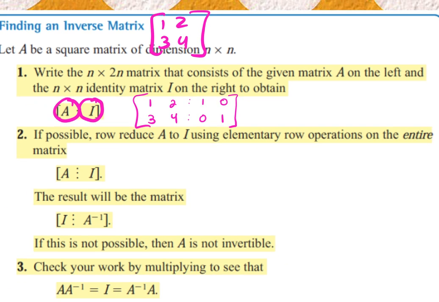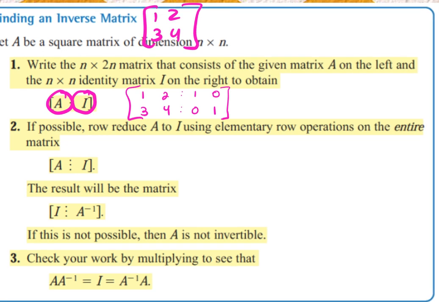Now you're going to use elementary row operations on the entire matrix to get the left side to have the pattern of the right side. So our goal is to either switch rows, add rows, or multiply and add rows, like we did with Gauss-Jordan and Gaussian elimination, to get the left side of this to be 1, 0, 0, 1. When doing that, you're going to be changing the right side.